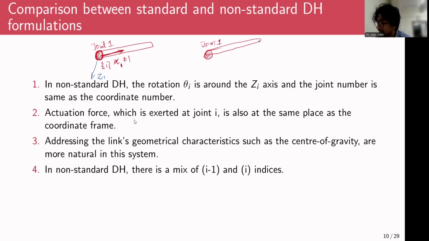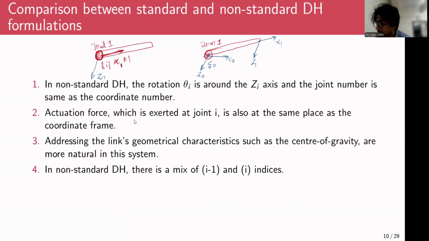So our Z1 axis would be somewhere around here, X1 axis would be here. And over here, you have the 0th axis, the frame of reference that is fixed to the ground. So Z0, maybe X0 would be like this, and Y0 could be something else.